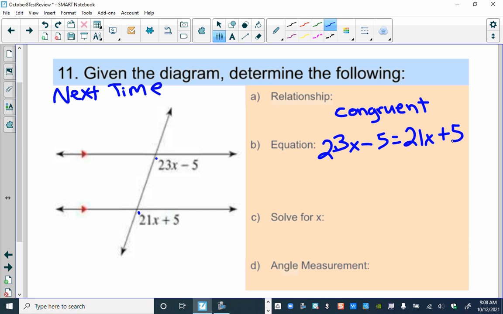That one's fine. But why would they be congruent? There's another reason. It also begins with the letter C. That's it, Joey. They're corresponding. There's your equation: 23x minus 5 equals 21x plus 5.